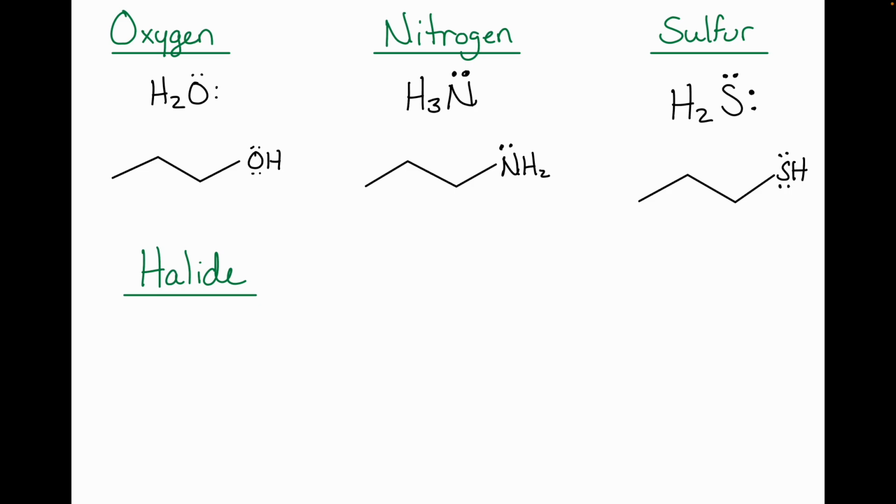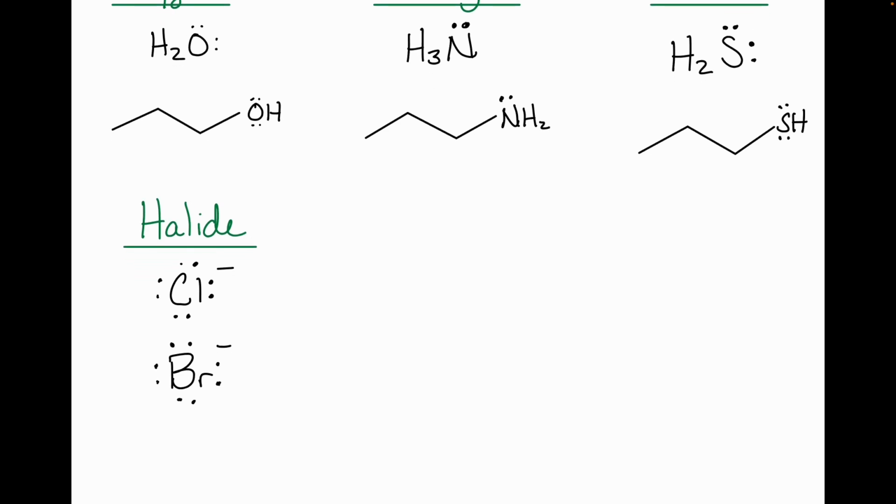Why are they so willing to give up those protons? Because those halide ions are just super stable all by themselves. They don't care about having a negative charge whatsoever. So our chloride ion, our bromide ion, and our iodide ion are also good acidic condition nucleophiles, right?